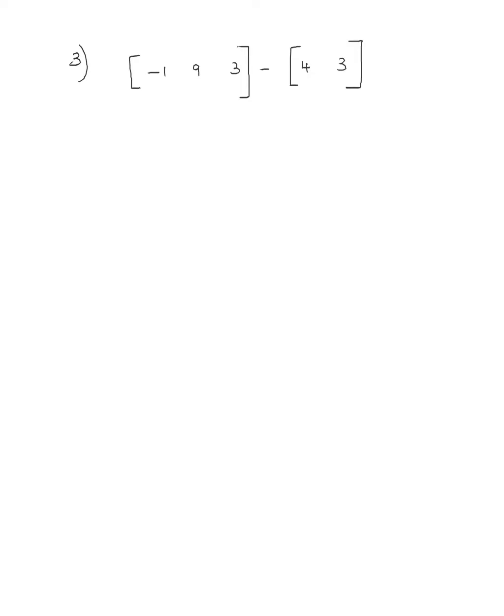I have 1 row here and 3 columns, so it's 1 by 3. And there is 1 row here, but there are only 2 columns. So we cannot subtract them because they are not the same size. So the subtraction is not possible. You can't subtract these matrices.